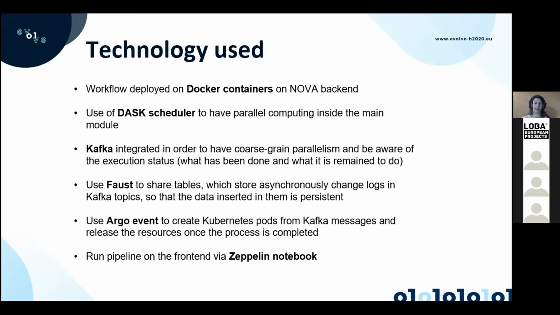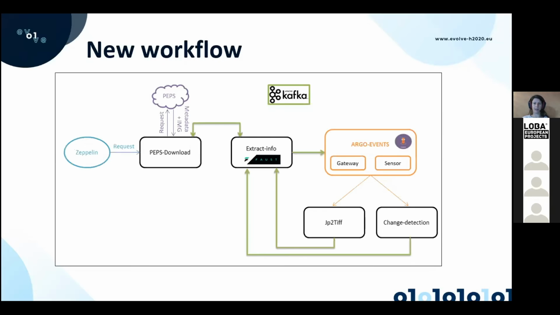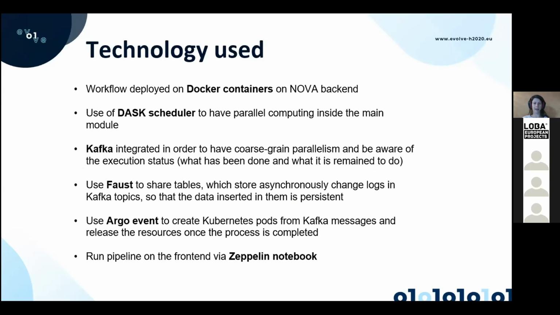We have also integrated FOST, which has been integrated only in the extract info module, which is the pilot module of our pipeline. And what FOST does is register the change log in a Kafka topic.